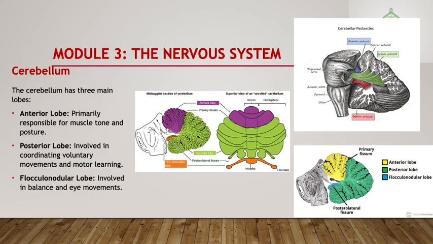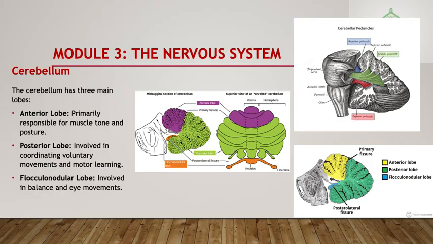So here is an illustration, the one in green and purple, where the cerebellum is divided into three lobes actually. You can see a purple color on top, the large green area at the back, and a very tiny orange structure. When you spread it out, that is the other illustration on the right hand side.